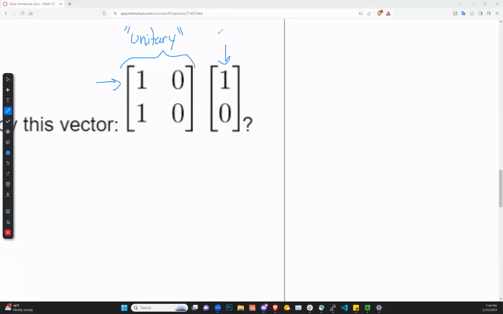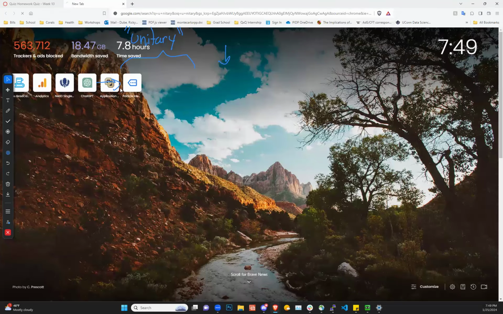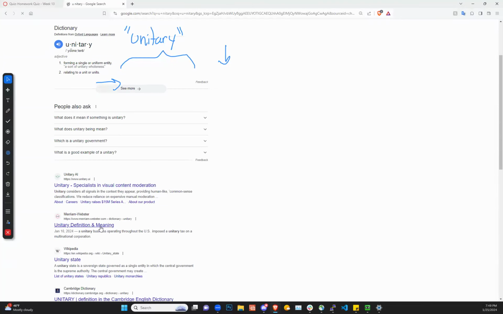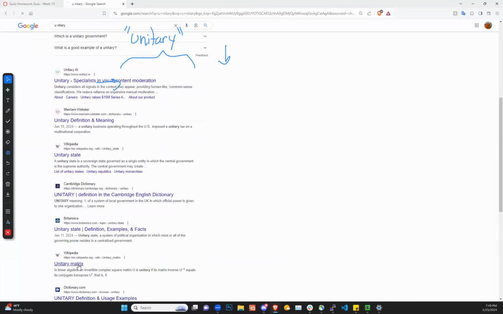All right, so if you want to look up unitary, you can do that. I will type it out in the chat, I guess, so you could just copy and paste it. Or maybe I'll look up the Wikipedia page. Unitary matrix.